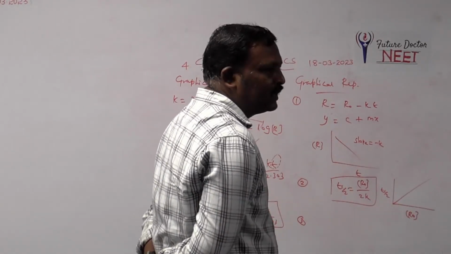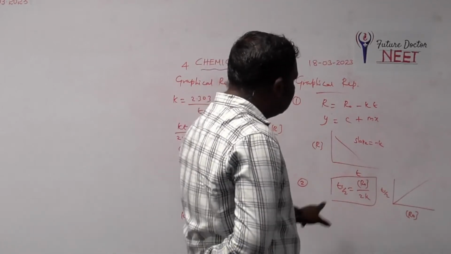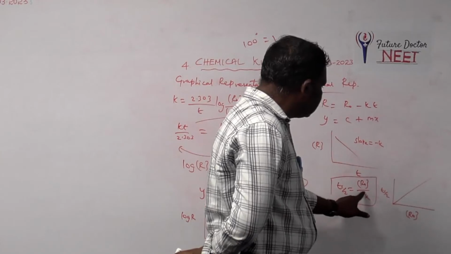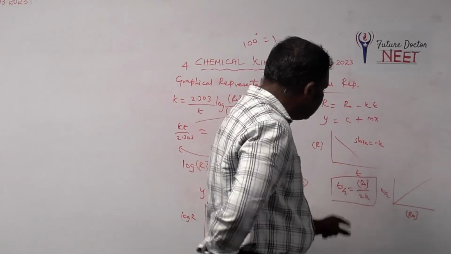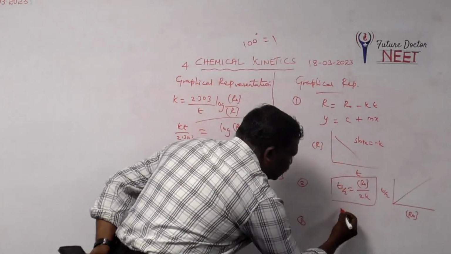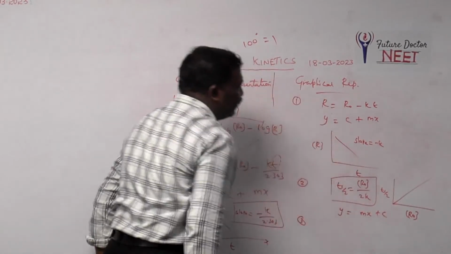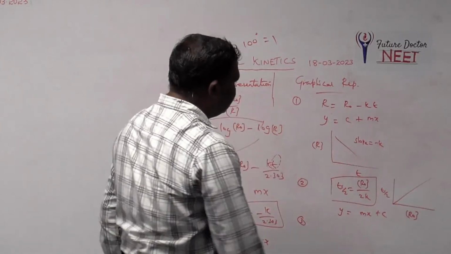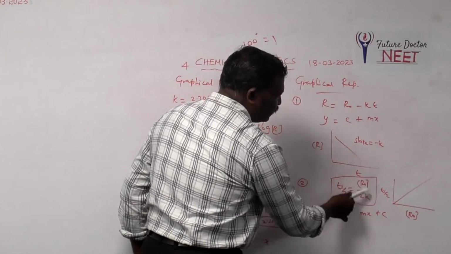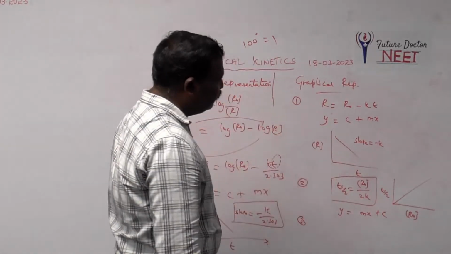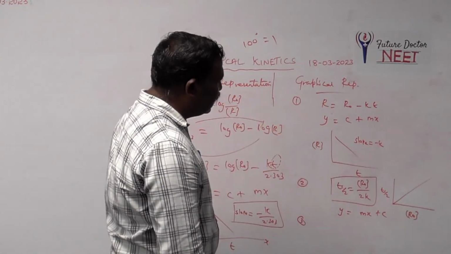No slope for this direction. y is equal to mx plus c, you can frame like this. x means what? x is r naught.